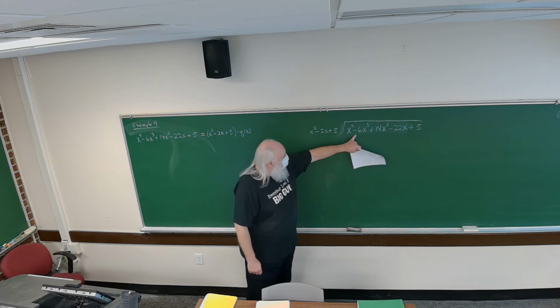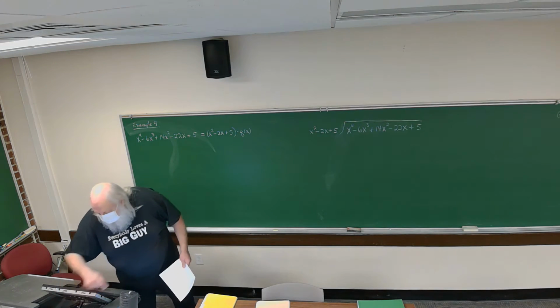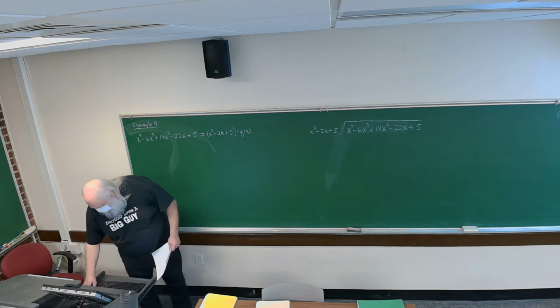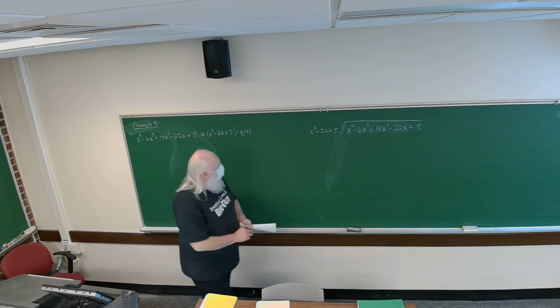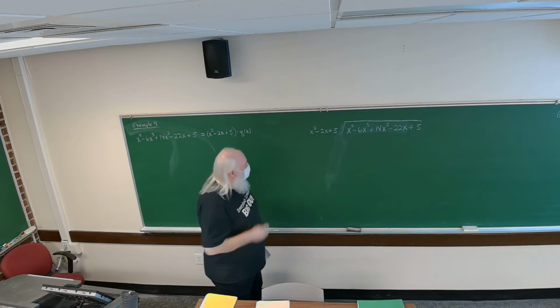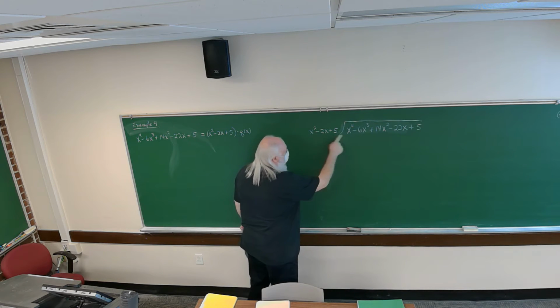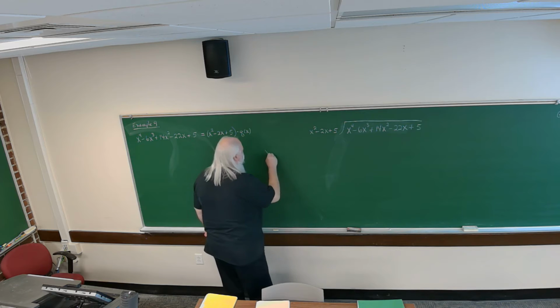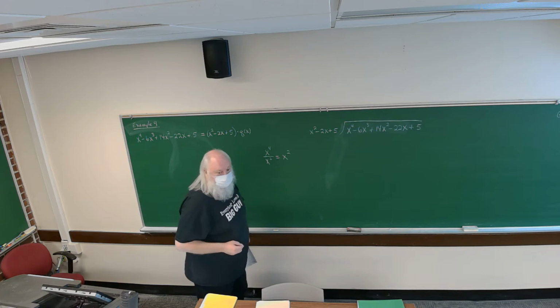The dividend has to be written in descending powers of x, and the divisor has to be written in descending powers of x. So first question, how many times does x squared go into x to the fourth? Well, x squared goes into x to the fourth x squared times.